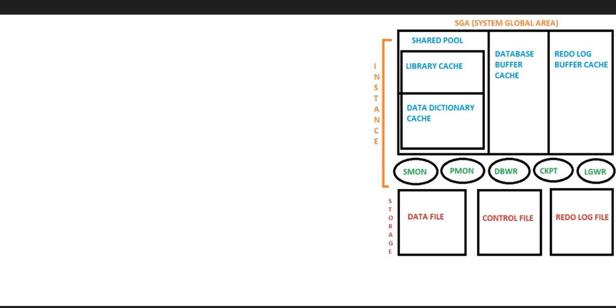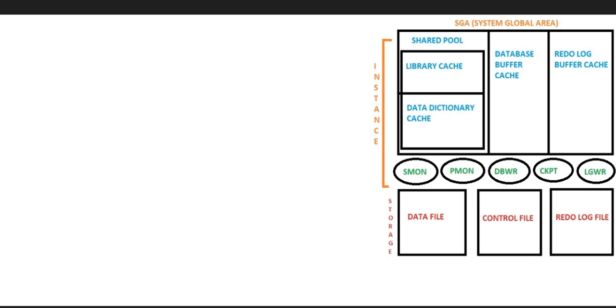Coming to the bottom one, it is called storage, what we call the database. That means where you store the physical data. The first component is the data file, the second is the control file, and the third is the redo log file. So the storage medium consists of these three. And the mid section you are seeing here is the background processes.